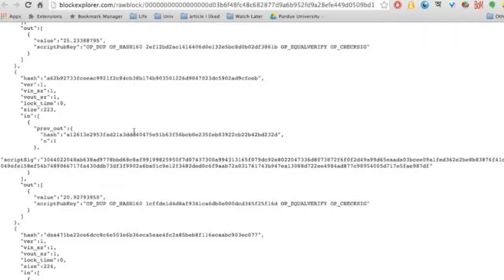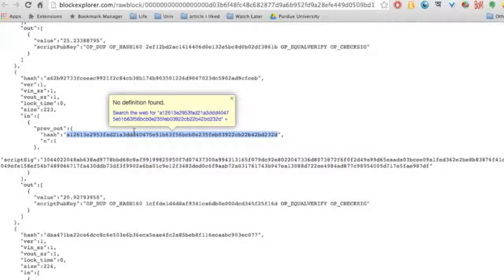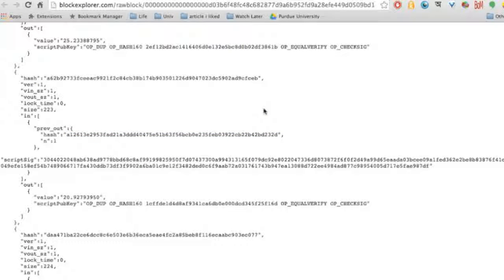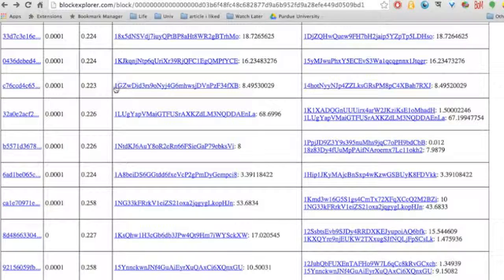When you have a Bitcoin address, we'll talk about public key cryptography. I haven't yet talked about Bitcoin addresses. When we have a Bitcoin address, basically it's a public key, and for each public key we have a private key.